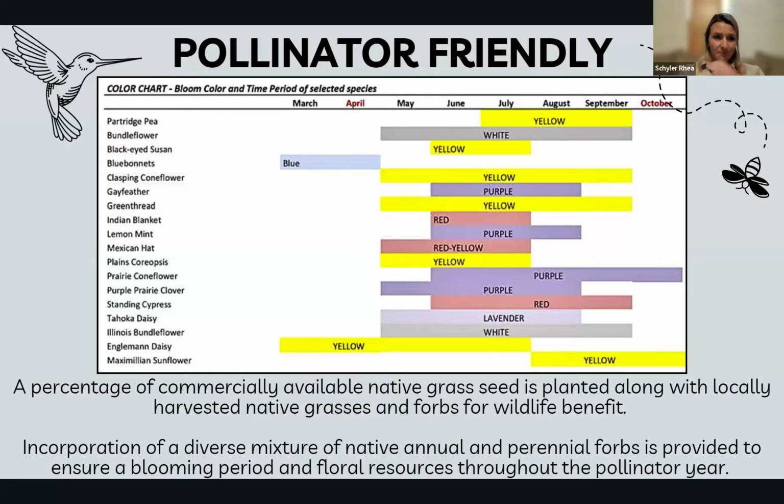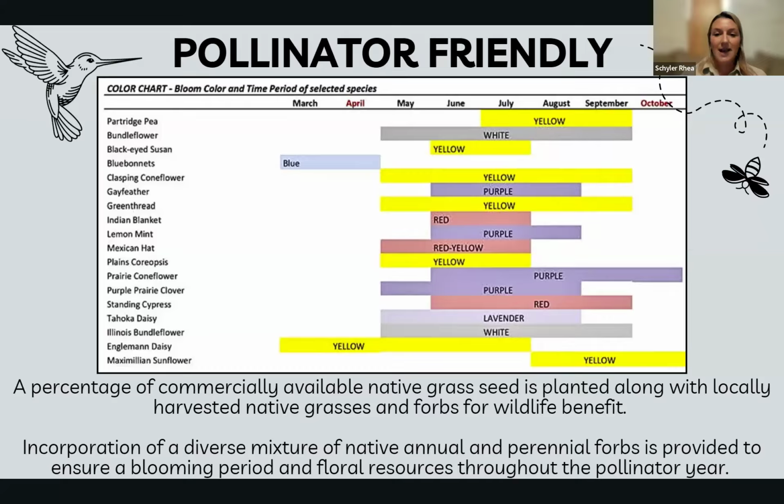The other thing when we discuss native seeding, you can go out and buy a native seed mix and plant it, and you might get some results, you might not get any. The reason for this is going back to what we discussed about how diverse the state of Texas is.